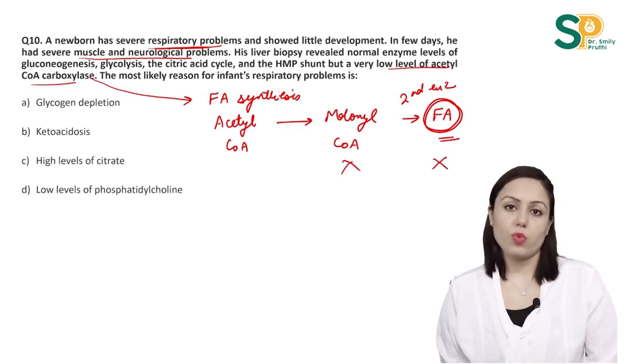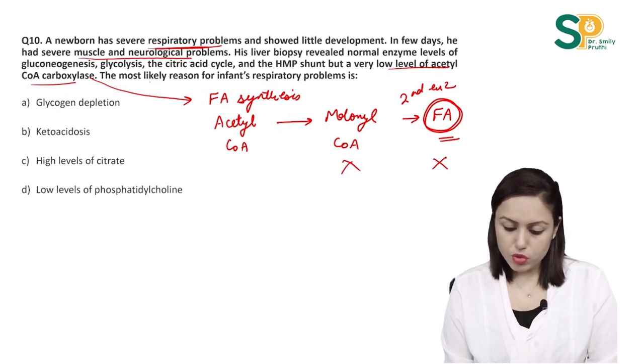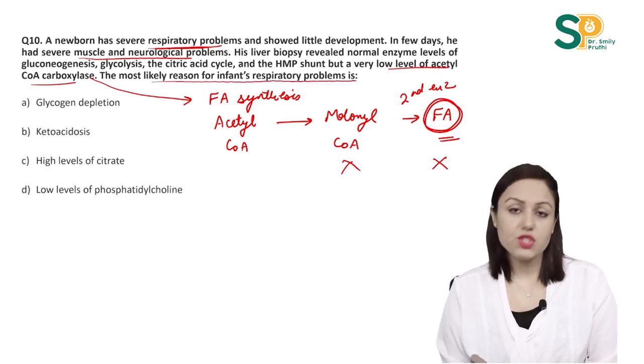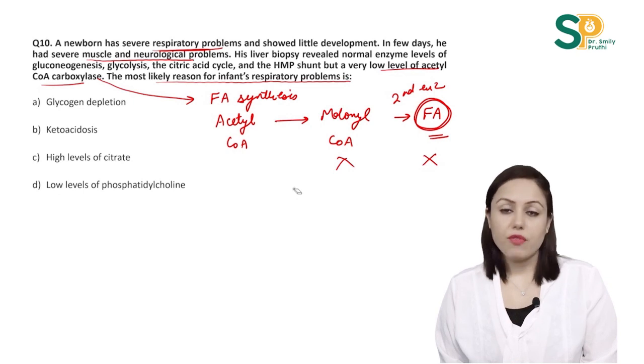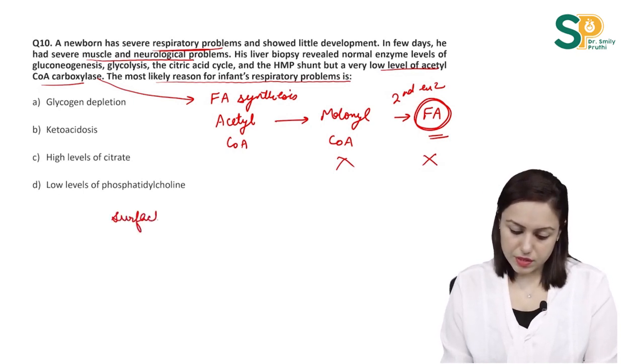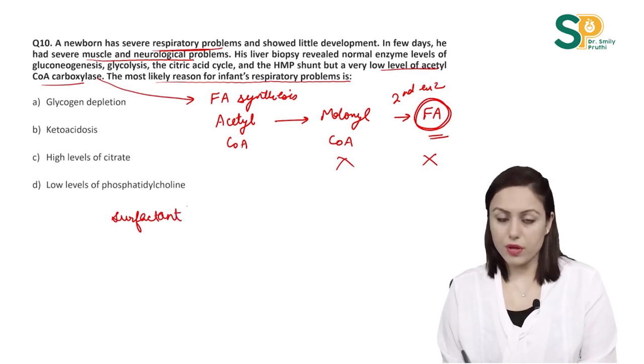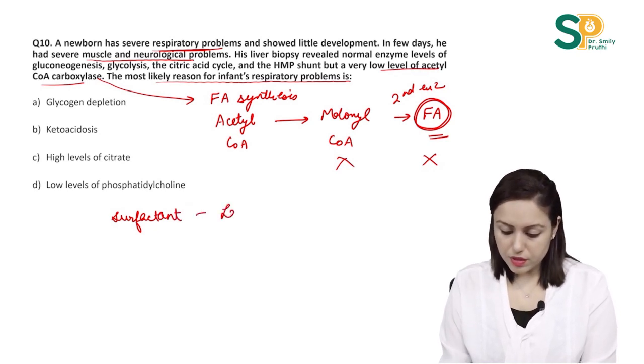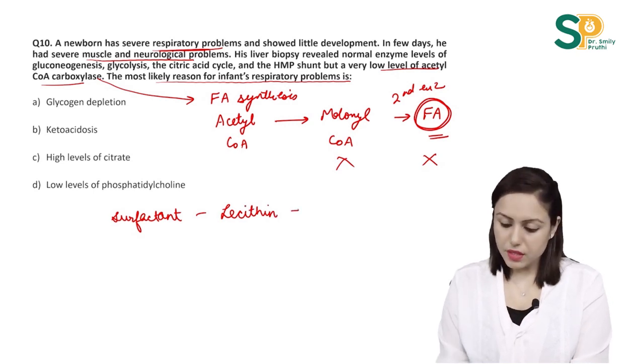So, let us see what is the question they are asking. The most likely reason for the infant's respiratory problem. See, why respiratory problem? Because surfactant is not there. What is a surfactant? The main surfactant is lecithin. What is lecithin?